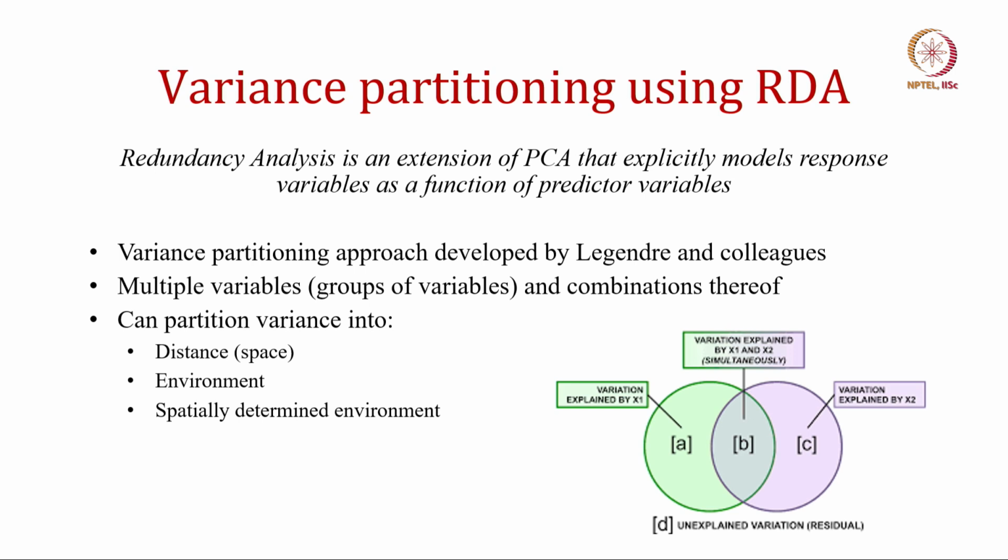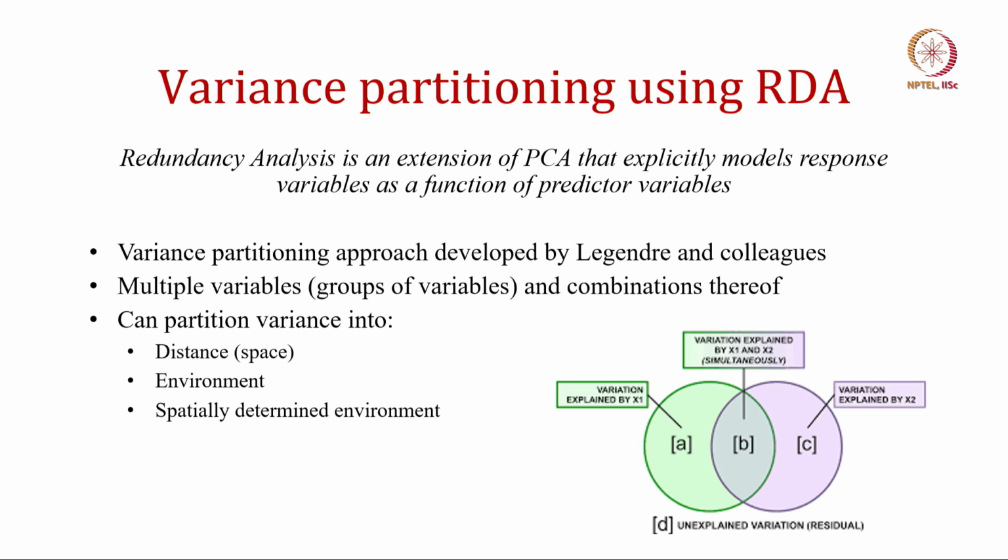We can then partition the variance in that data set: how much of the variation in species composition, in our example in the sholas, is explained by distance or space, and how much is explained by environment.